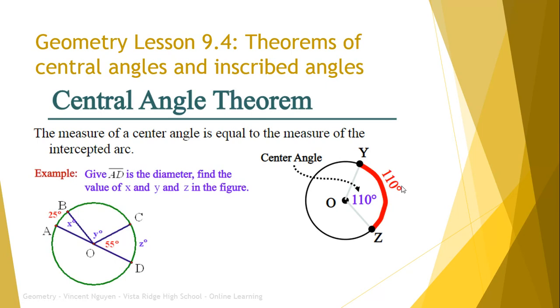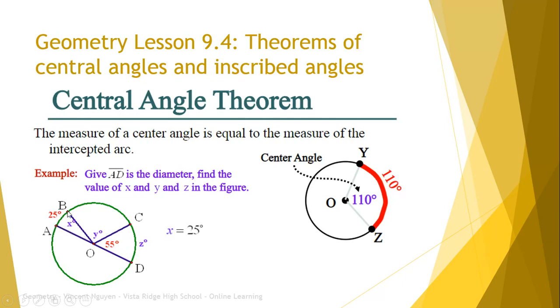So let's look at this example real quick. Here we have a circle. AD is the diameter, and we need to figure out the values of x, y, z. x is the central angle AOB, and the arc for this central angle is 25. Therefore, the central angle is also 25.